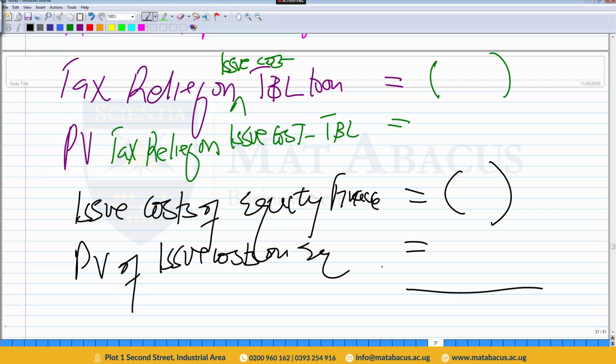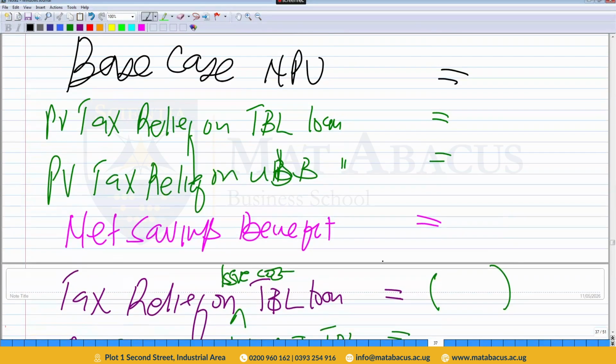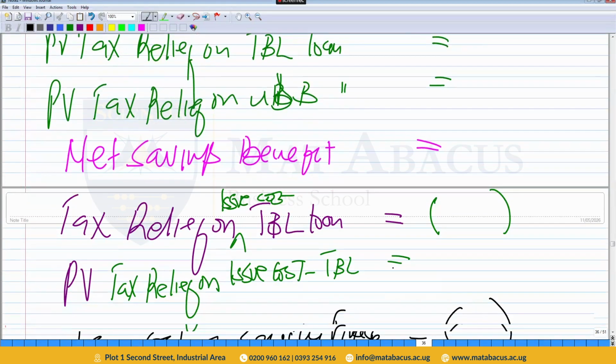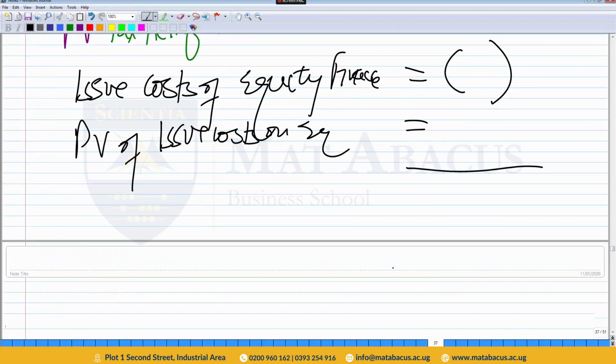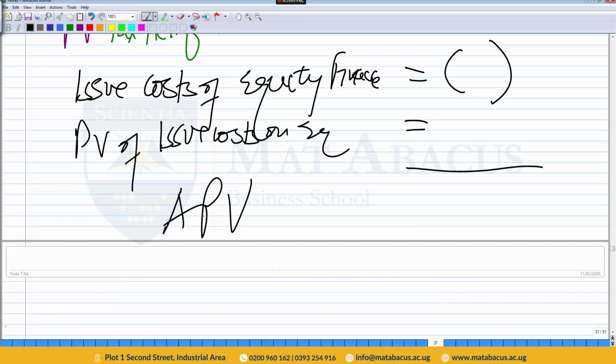At the end of the day, when you gross up all these, you'll be able to get your APV. How do you comment? If your APV is positive, the project is financially viable, in line with the way I advised on how you should always make your conclusion.